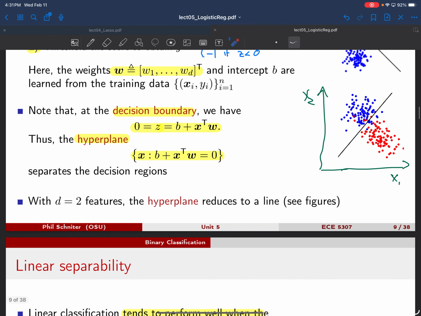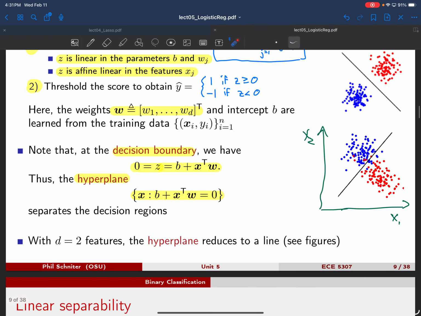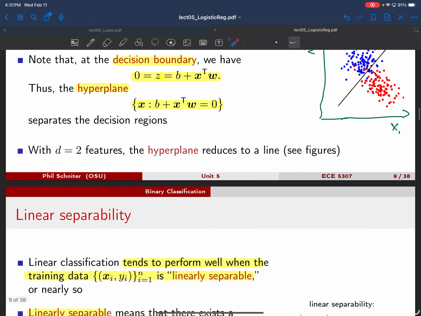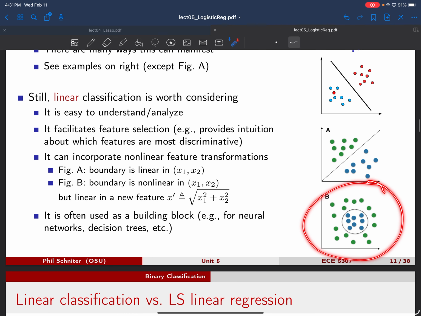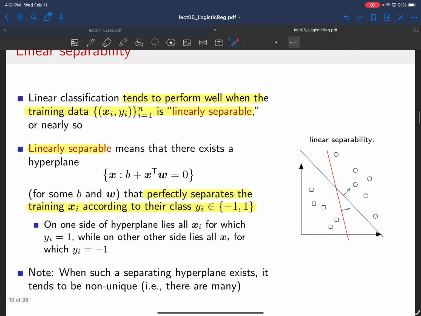But linear classification is the sort of thing you want to use if you have something pretty close to linearly separable, something like this. On the other hand, if you have something crazy like this, where all the blue points are in here and the green are out here, you don't want to directly use a linear method because there's no way I can do a good job of separating that data.